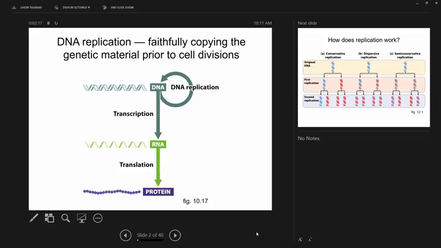This has to be faithfully executed because, as I said before, if you make too many mistakes, then a lot of those mutations are going to be bad for the organism, and therefore the population suffers. But it can't be too perfect, because if it is perfect, then you never get any mistakes or base changes, which are the allele changes that are required for evolution to occur.